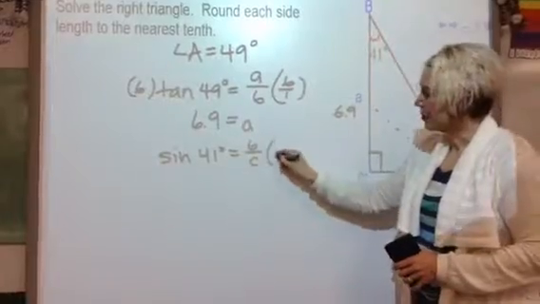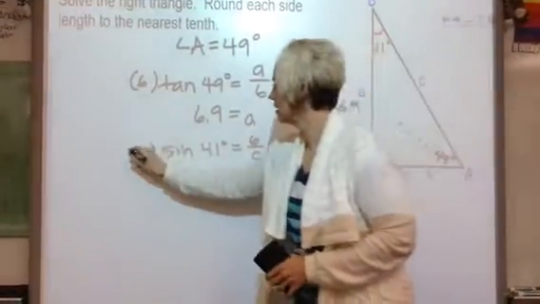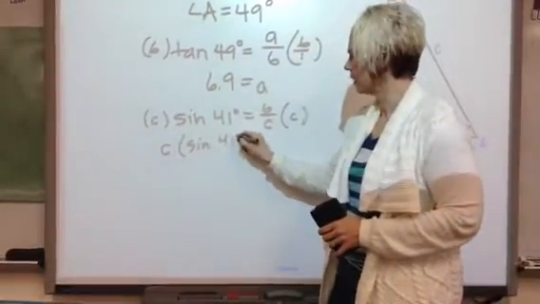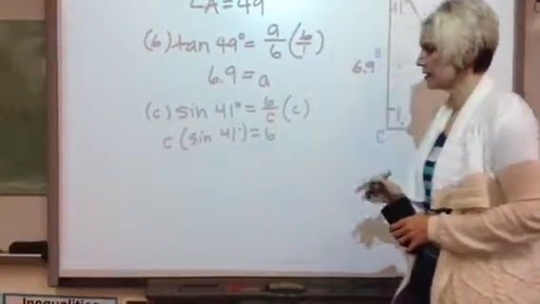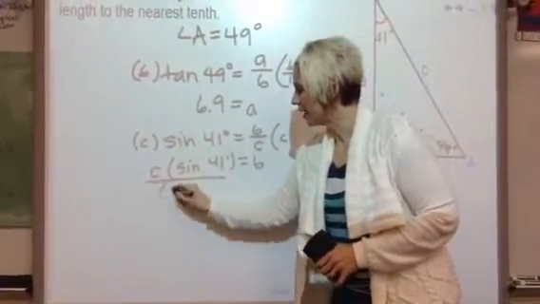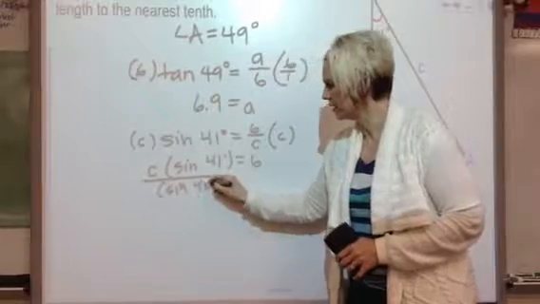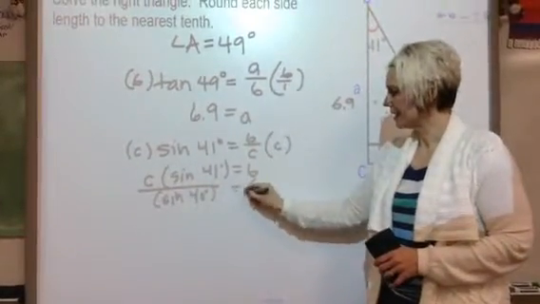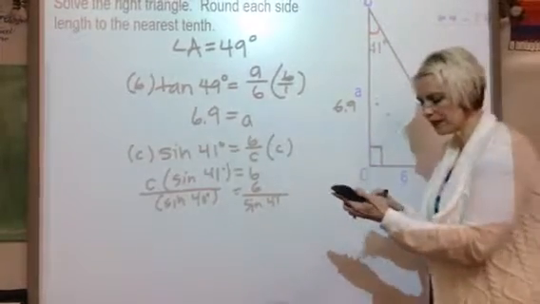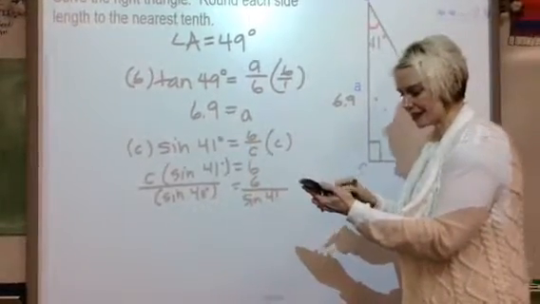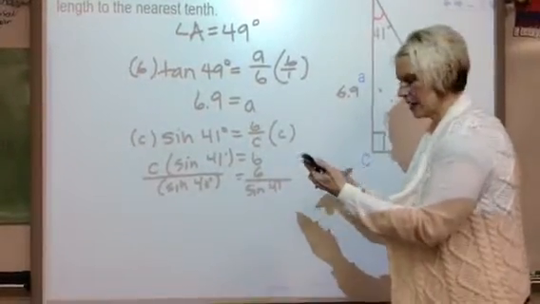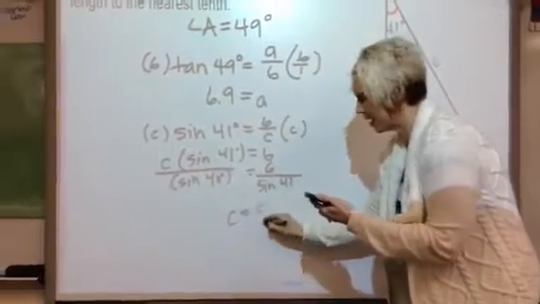I'm going to multiply by C. So C times the sine of 41 equals 6. To get C by itself, I divide by the sine of 41. So I take 6 divided by the sine of 41 on my calculator, and that gets me C about 9.1.